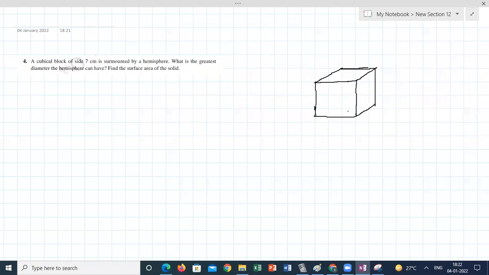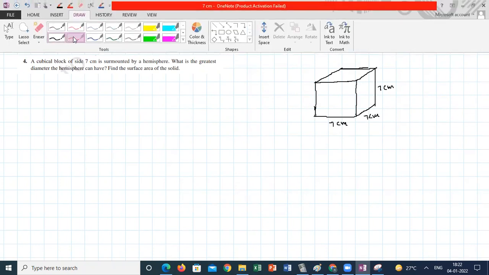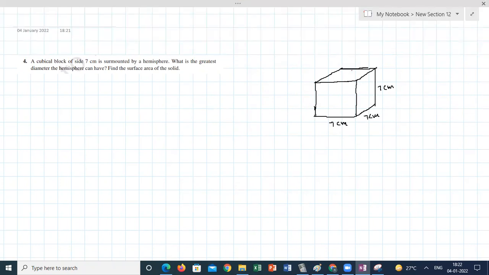There is a cube like this, so the side of the cube is 7 centimeter. The top face is surmounted by a hemisphere. I'm drawing the hemisphere shape with red color, so there is a hemisphere like this.